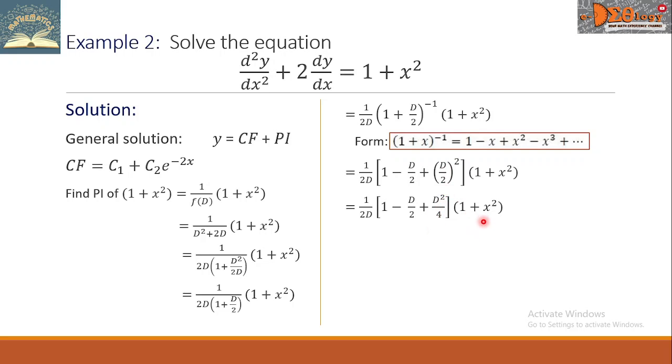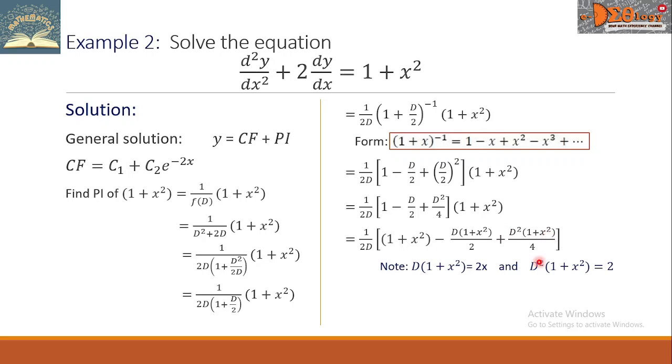For this 1 plus x squared, we will now multiply this to each of the terms inside the grouping symbol. So the expression now becomes like this. From here, let us simplify the value of this D with respect to 1 plus x squared and the D squared with respect to 1 plus x squared. Take note that the derivative or D of 1 plus x squared is 2x.